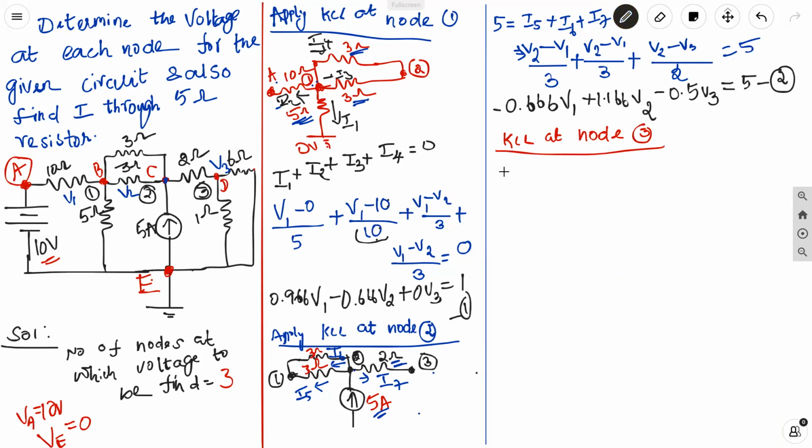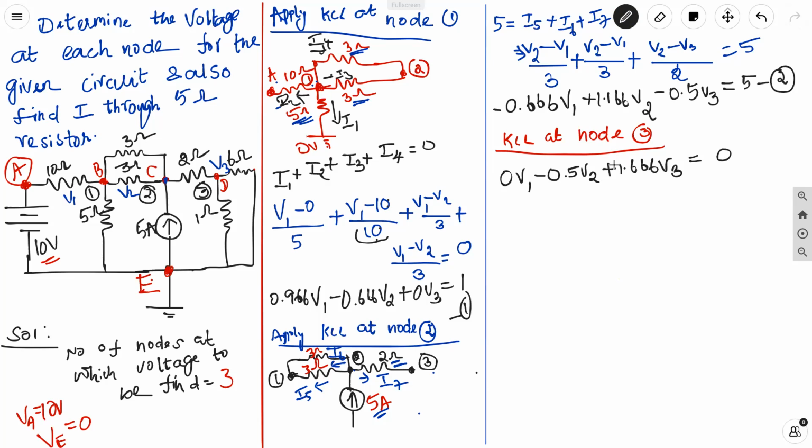Please verify: 0 V1 minus 0.5 V2 plus 1.666 V3 equal to 0. I'm writing the final answer to apply the method, the procedure which we discussed before, and try to verify it.